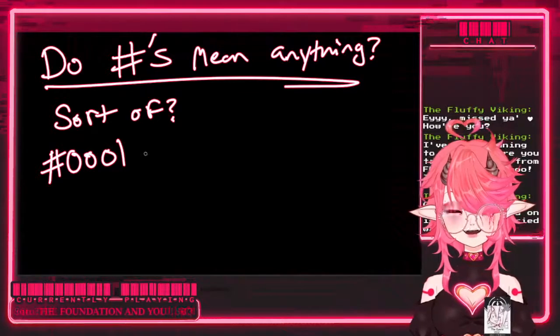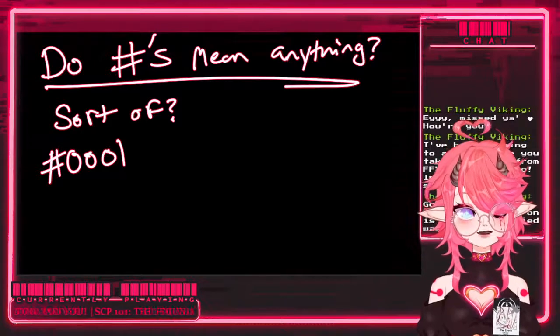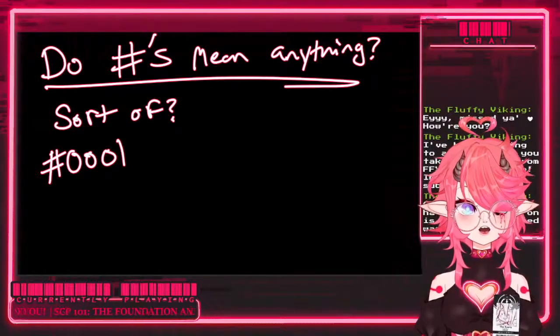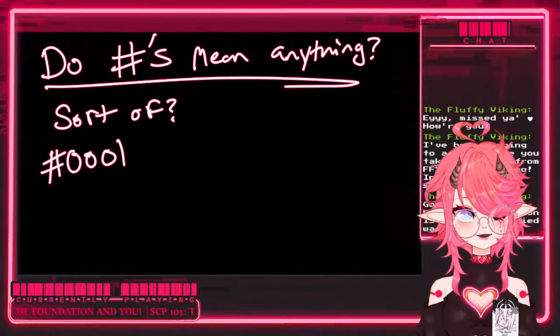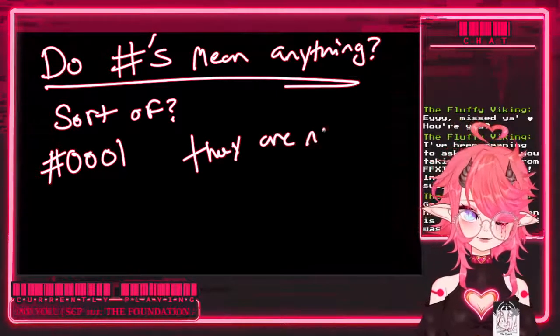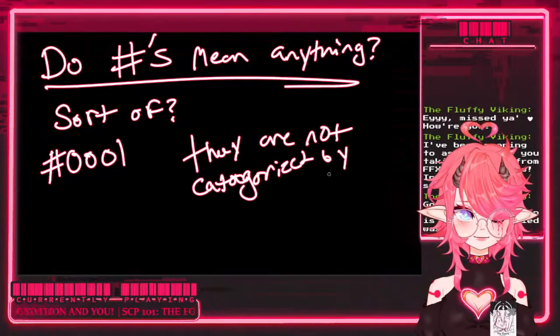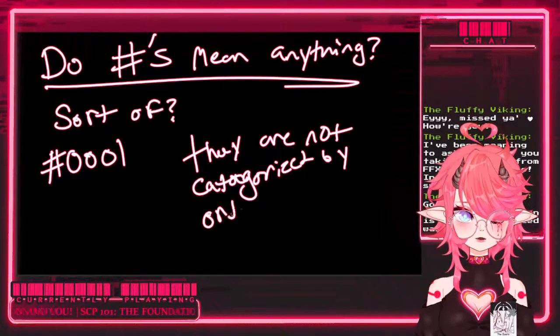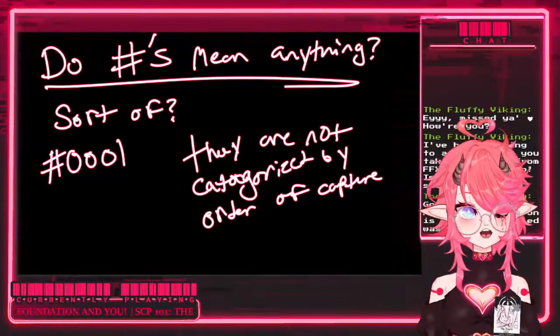The way that we kind of look at these numbers is more of a classification for the entities themselves. A lot of these entities are out of numerical order in a specific way. They are not categorized by order of capture. Most entities are picked up and brought in at different times.